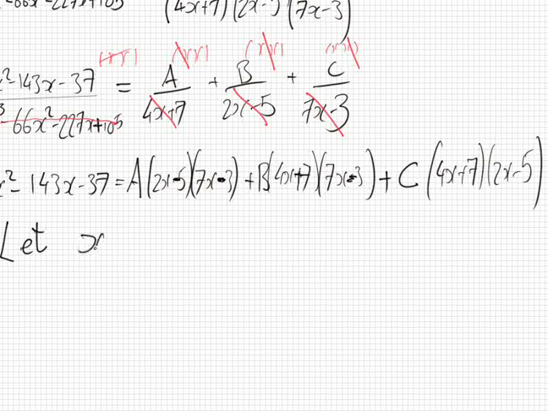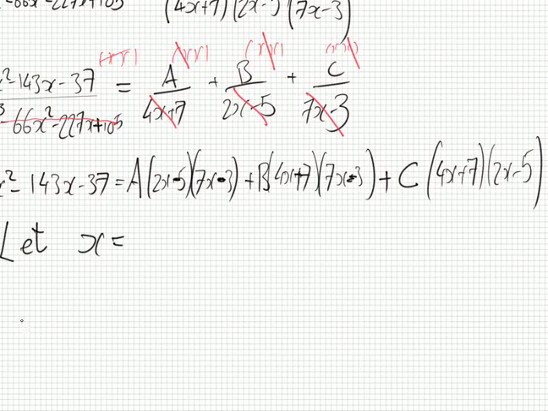What do you think I should let x equal first? Well, it depends which one we want, but if I let x equal 5 over 2, what would happen to this one? Cancels. This one stays, and this one cancels.